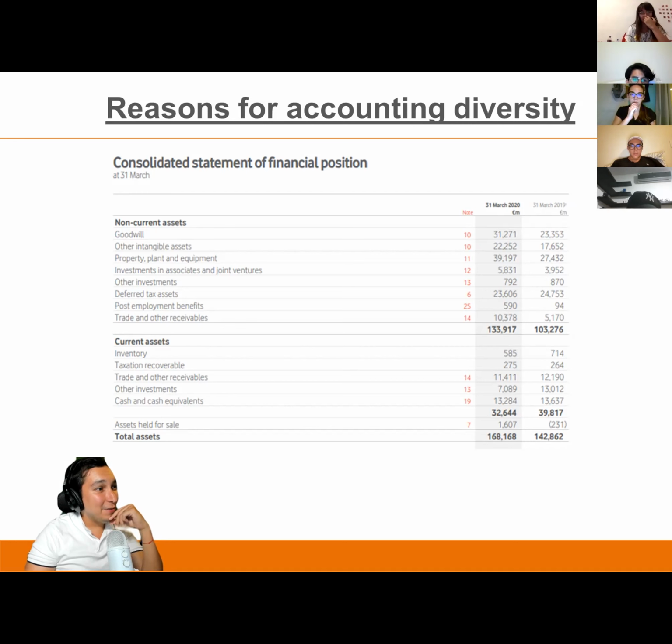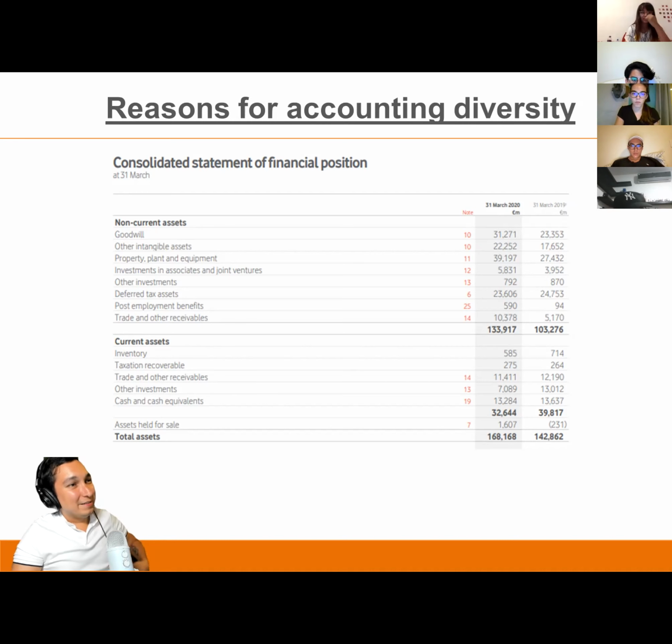What is the most liquid account in here? Cash and cash equivalents. Yes, of course. But in the non-current assets, I think property, plant and equipment, then another, trade and other receivables. Yes.